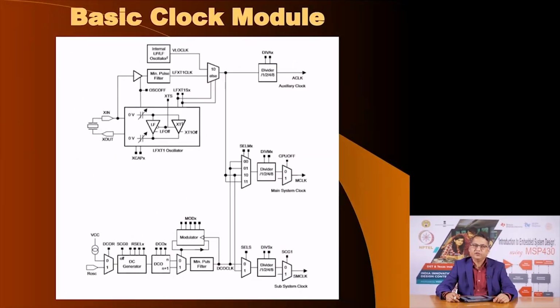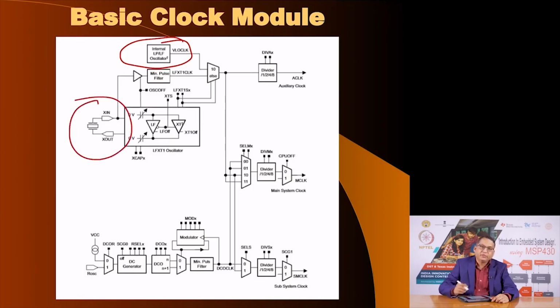This is the block diagram of the clock module which is there inside MSP430. On the left you have the sources of clock, and on the right of this diagram you see signals which are derived from these 3 sources. There are 3 sources: an internal VLO clock, as it is called, an external crystal based oscillator and an internal digitally controlled oscillator.